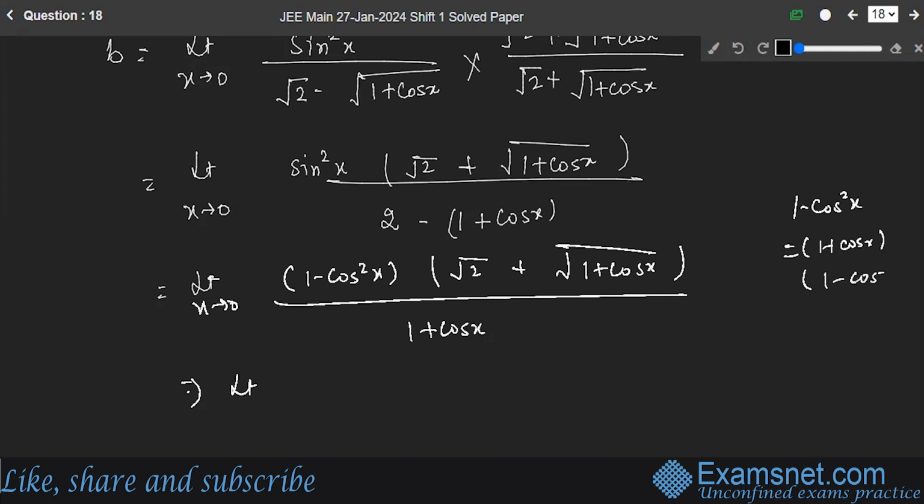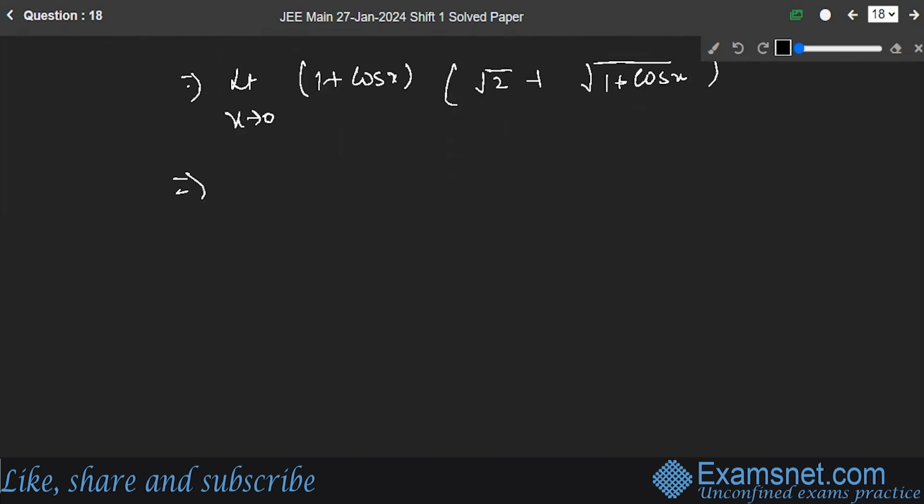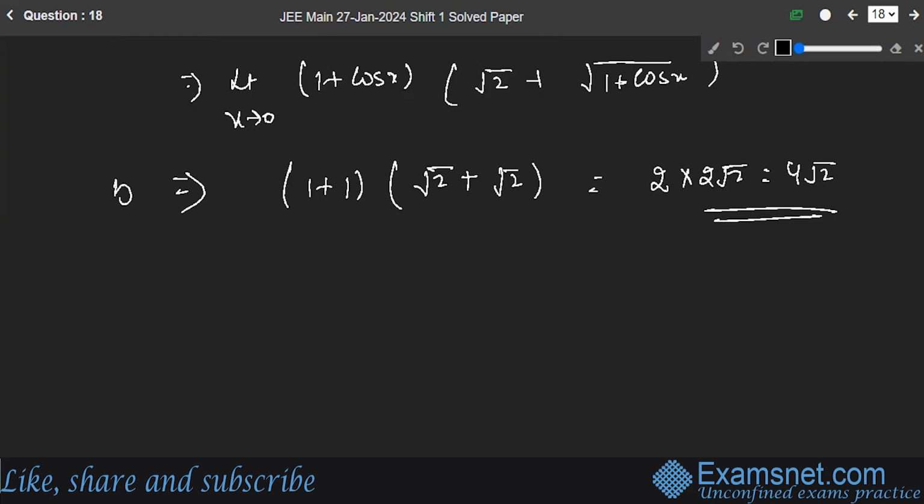Into 1 minus cos x. So they will cancel. I'll be left with 1 plus cos x in the numerator. And now the danger part is gone. I don't have any 0 in the denominator. So that's it. Now you can fill in cos x, x is equal to 0. This will be 1 plus cos 0 is equal to 2. Root 2 plus root 2, so this will be 2 into 2 root 2. This will be 4 root 2. This is your value for B.